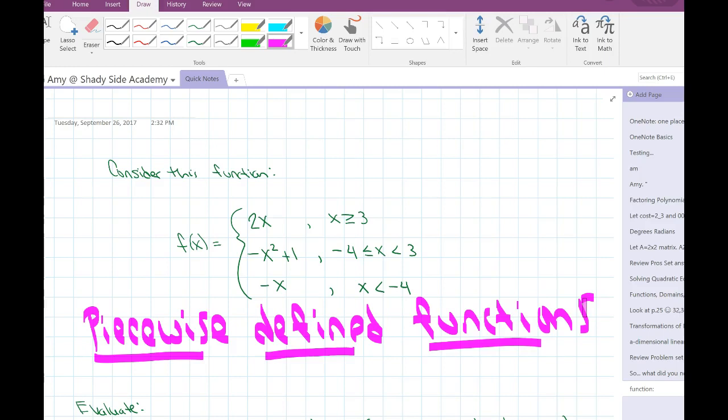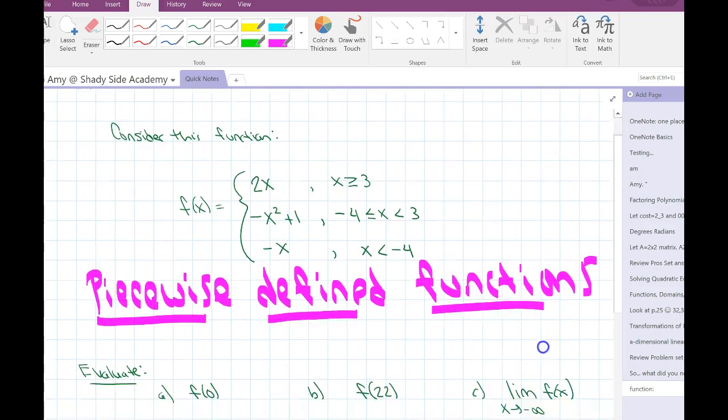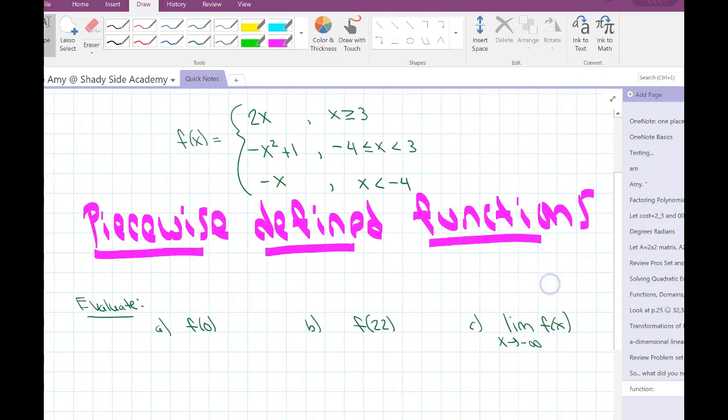What makes these functions interesting, and we'll look at a couple of really fun ones, is if you're asked to work with questions like A and B, and C for that matter. So here, I'm looking at evaluating f of 0.